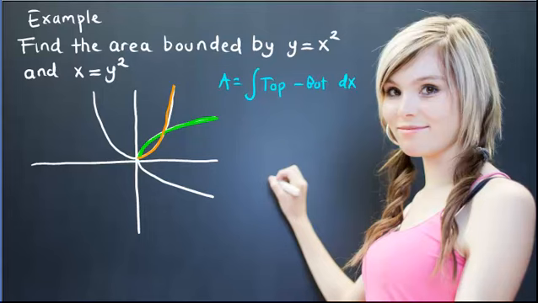Okay, so the orange one is the graph of y equals x squared, and the green one is the graph of x equals y squared. Okay. Now, since we integrate with respect to the x variable, then this top and bottom need to be written as a function of x.